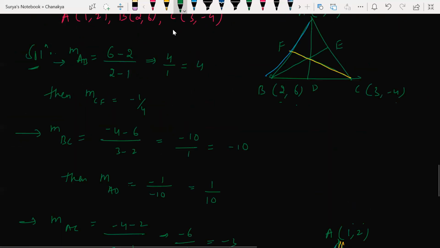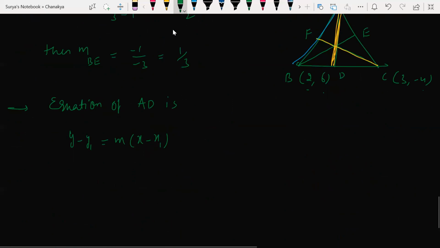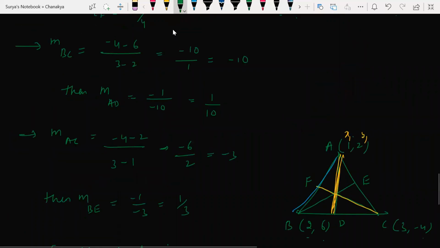So we know the slope of AD, right? What is y1 here? I'm talking about AD. What is y1? It is 2. Okay, I understood. x1, y1, right? Equal to slope of AD, which is what? Check. Slope of AD is what?